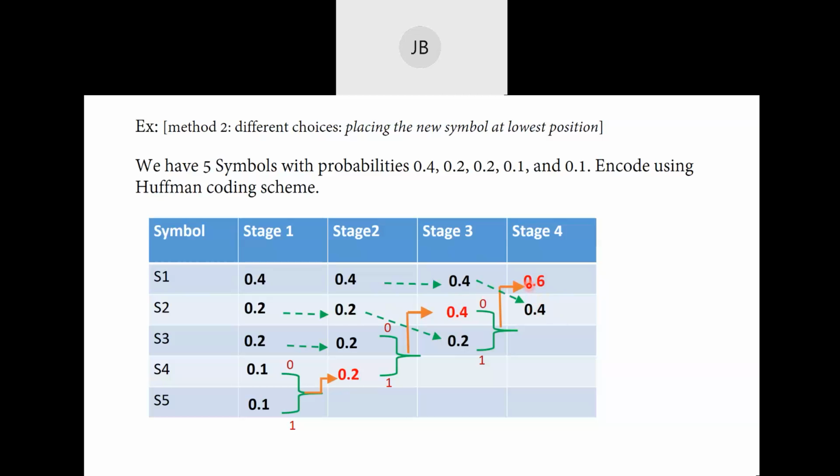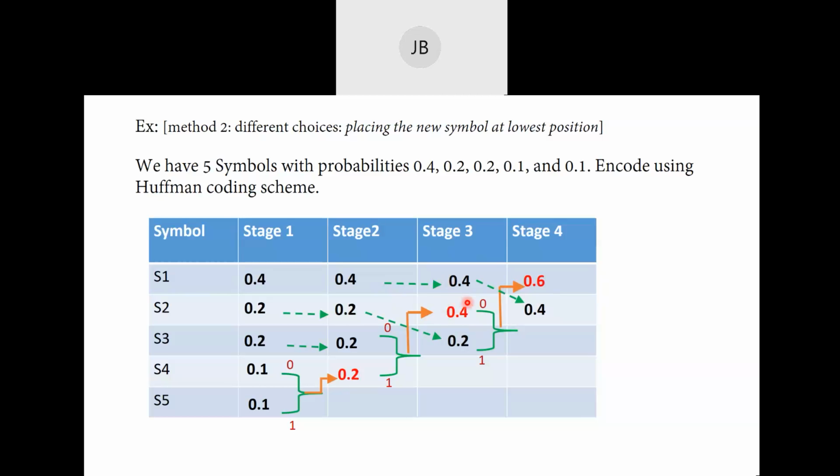So there is no doubt here, but in this case, if you see this step, since this newly generated value is 0.4, the older value is also 0.4. So when we sort them, there are two options, either placing it at the top of the list or at the bottom of the list. In this particular case, we have placed it at the bottom. In the earlier example, we had placed it at the top of the list. So we are investigating here the second case.